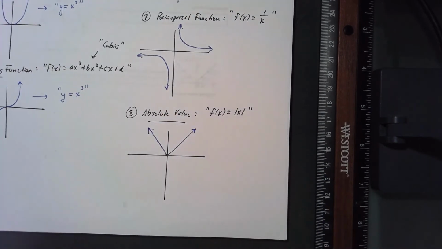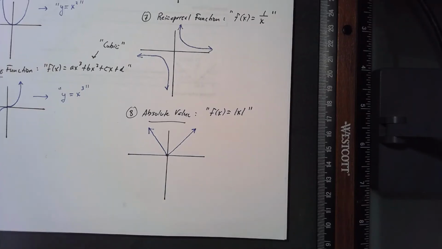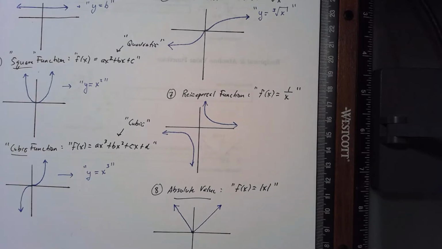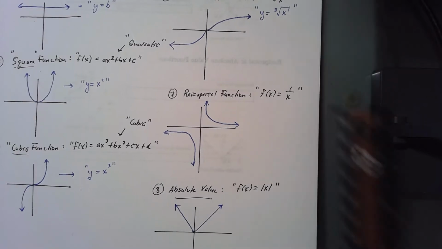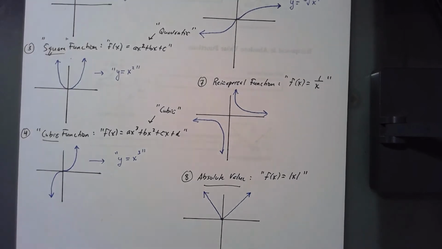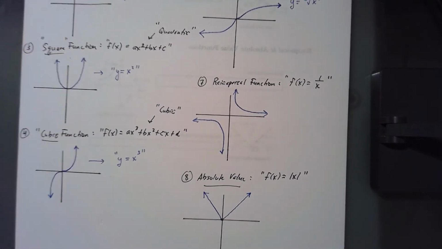That's the absolute value of x. So these 8 functions are something you should be familiar with when it comes to making general sketches of equations, depending on what you start with.